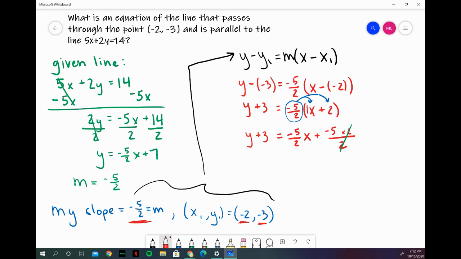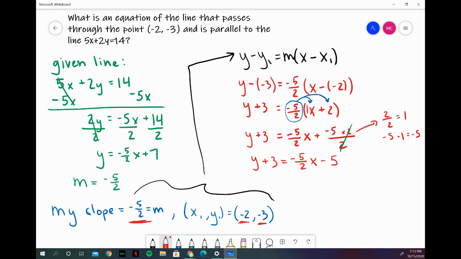So if I rewrite this, that would be y plus 3 is equal to -5 over 2 times x plus a minus, well, that's just subtraction. So I'm just going to write this as -5. Remember, these 2's canceled out because 2 divided by 2 is just 1, and -5 times 1 is just -5.